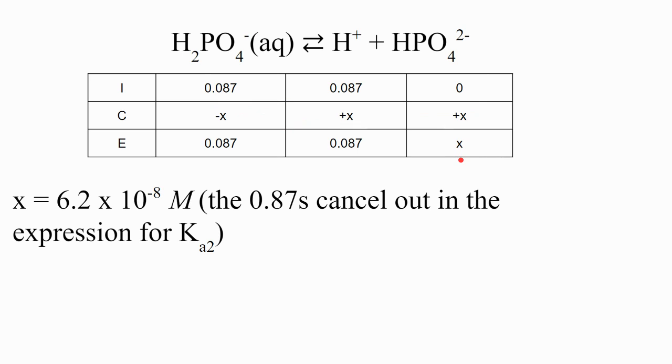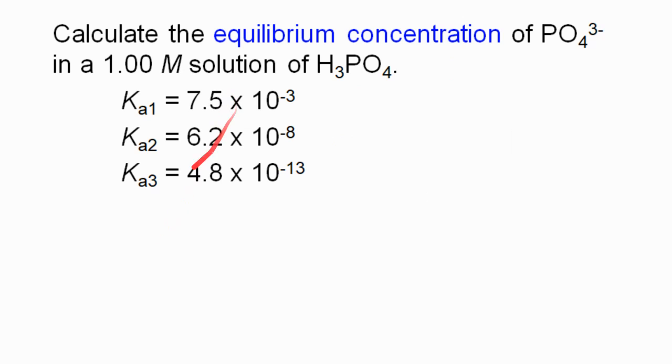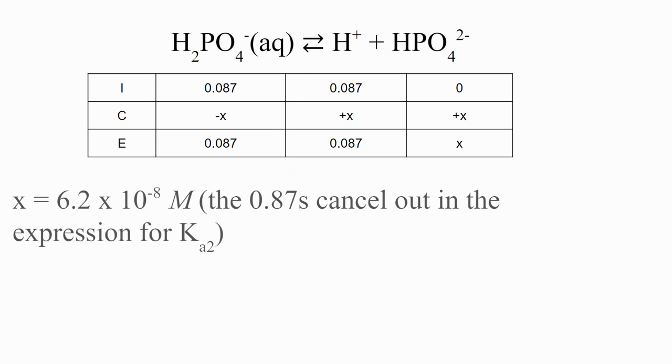Okay. So you put it all in the expression, you're going to get X equals 6.2 times 10 to the negative 8 moles per liter. Now, this is a really important topic because if we go back, you notice that the Ka2 is 6.2 times 10 to the negative 8. So here's a lesson to be learned here for later when we get into chapter 15.